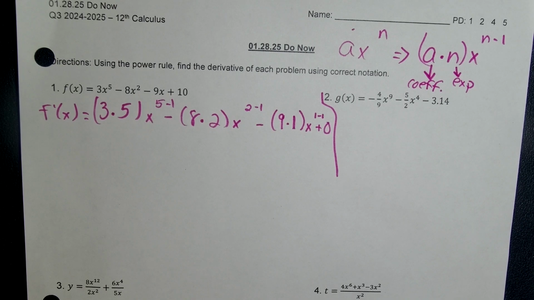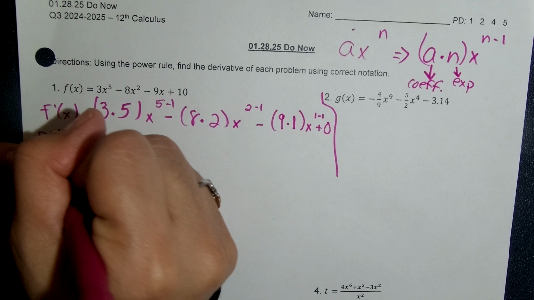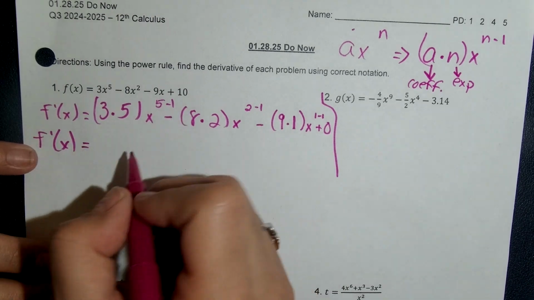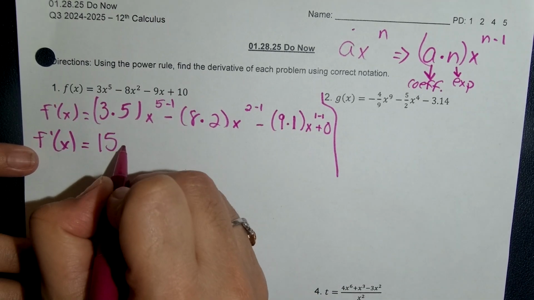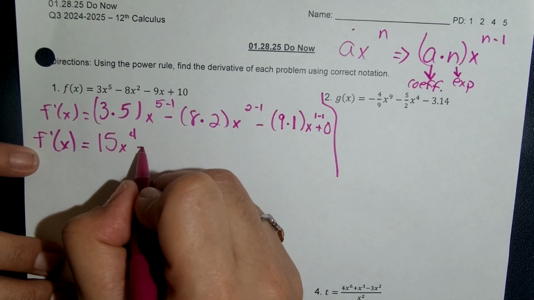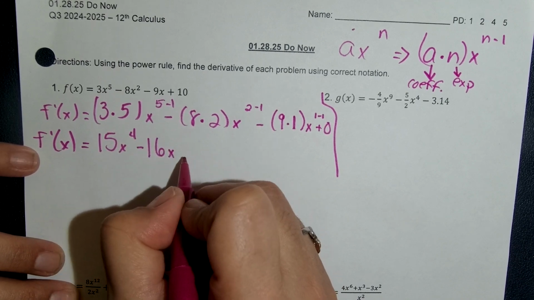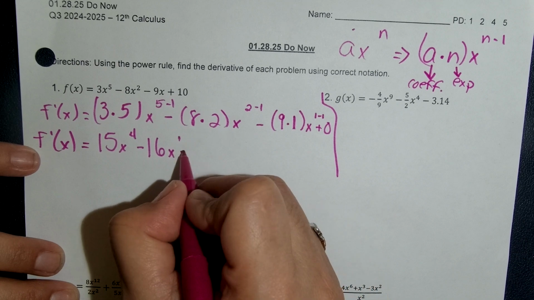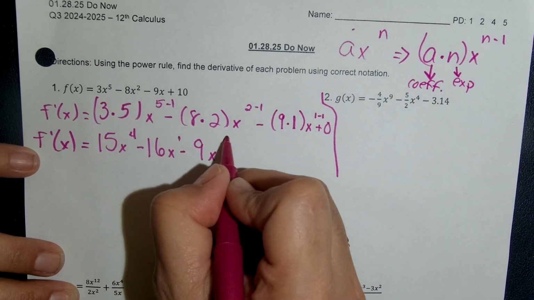All right, keep going. Lucero? Minus 16x to the 1. Minus 9x to the 0. Okay.